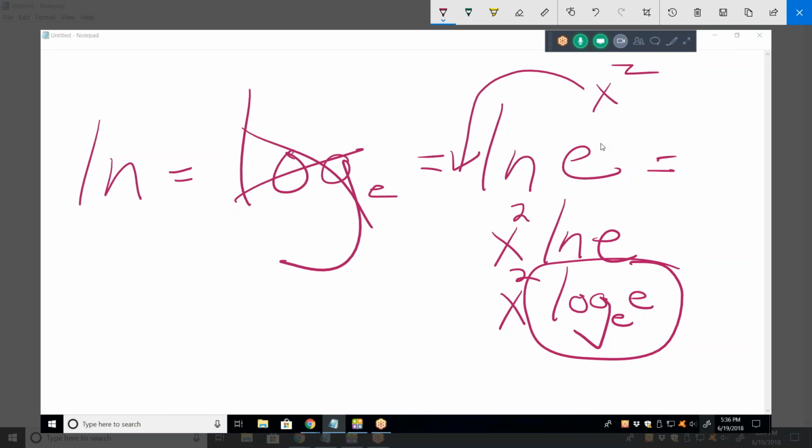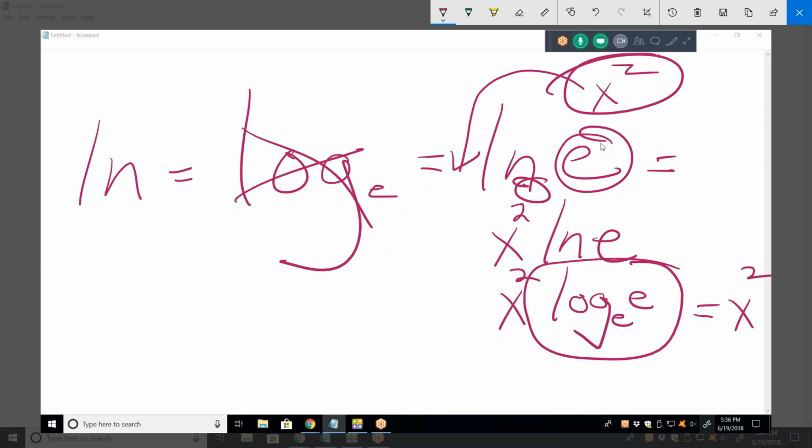So the answer is x squared. In other words, if this is the same as the base, then the answer is whatever the exponent is. In this case, it's x squared.